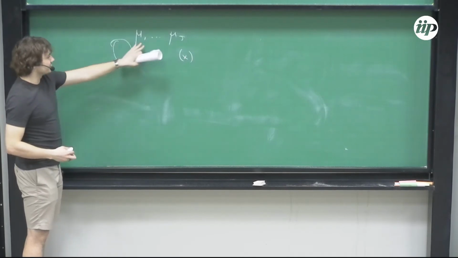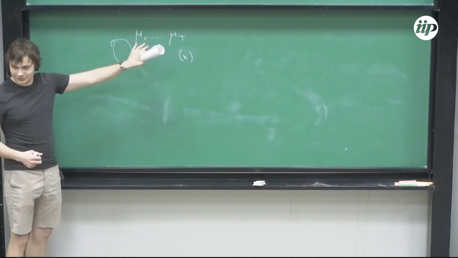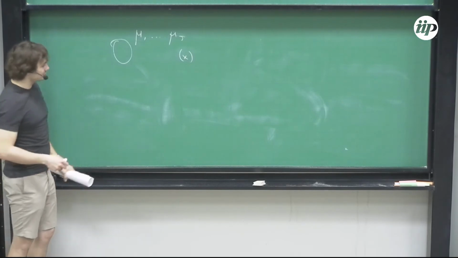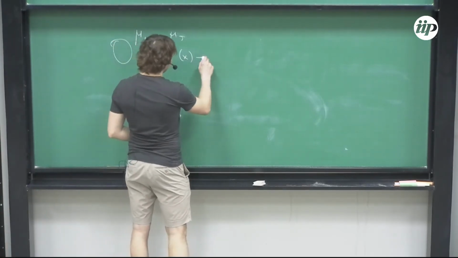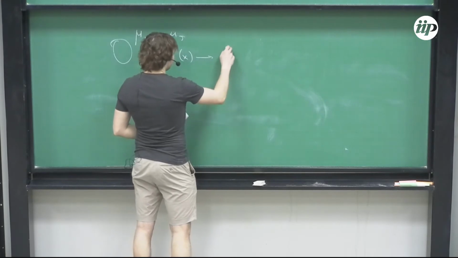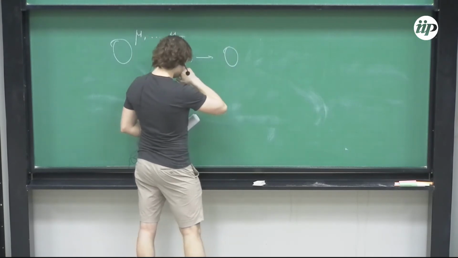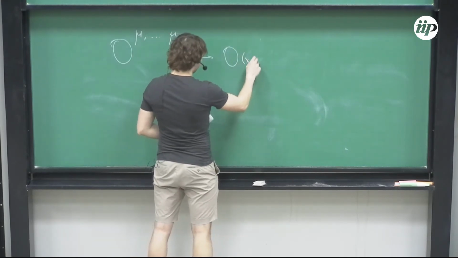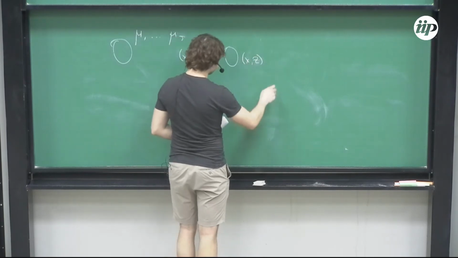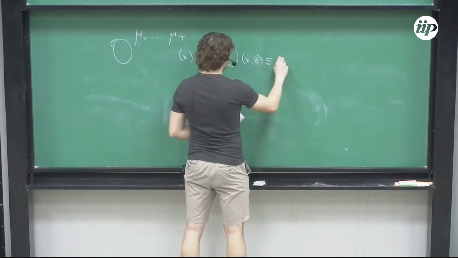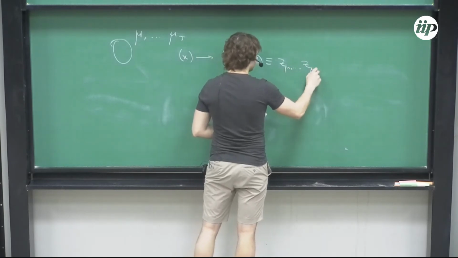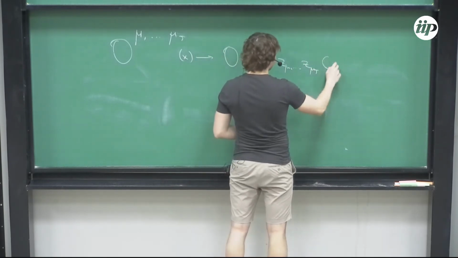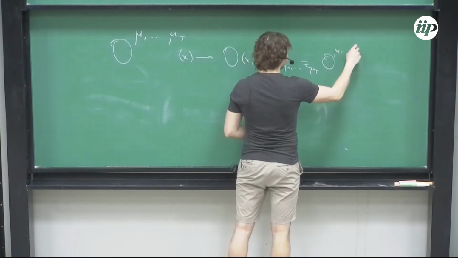It of course doesn't make sense to generalize the number of indices to a non-integer value, because that must be an integer. So we first need to write this a bit differently, and we pass from this operator to a function of x and the polarization vector z, which is defined to be just a contraction of z mu1 through z mu j with the local operator.